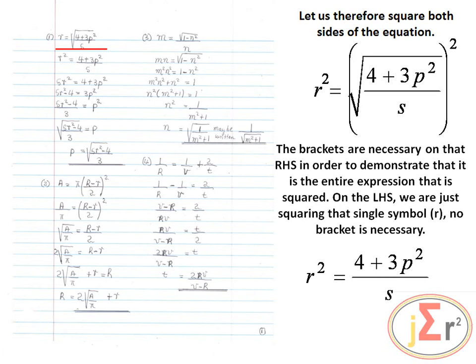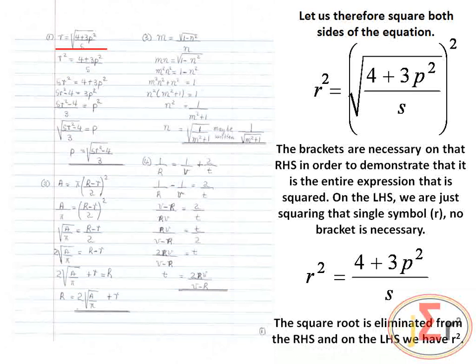We squared the left hand side as a result of having to keep the equation balanced. The square root is eliminated from the right hand side, and on the left hand side we have r squared.